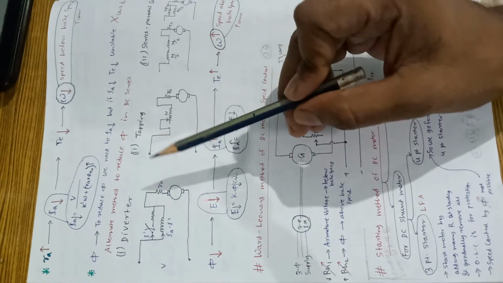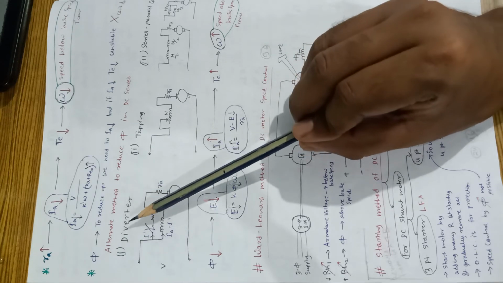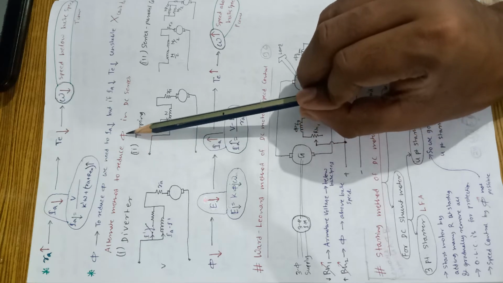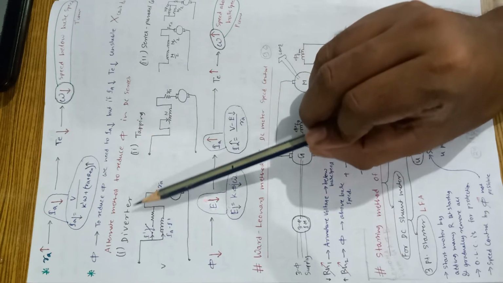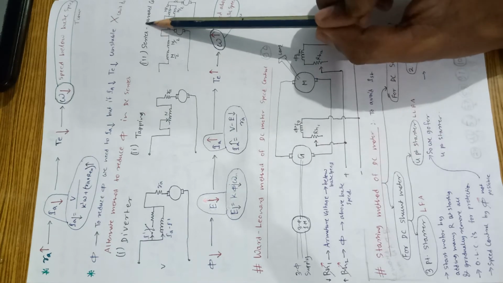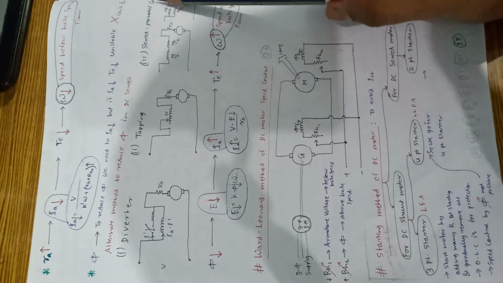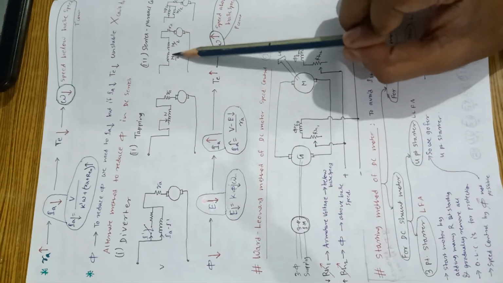So an alternate method to reduce flux in DC series is we use a diverter, or we do tapping, or we do series parallel of the field winding.